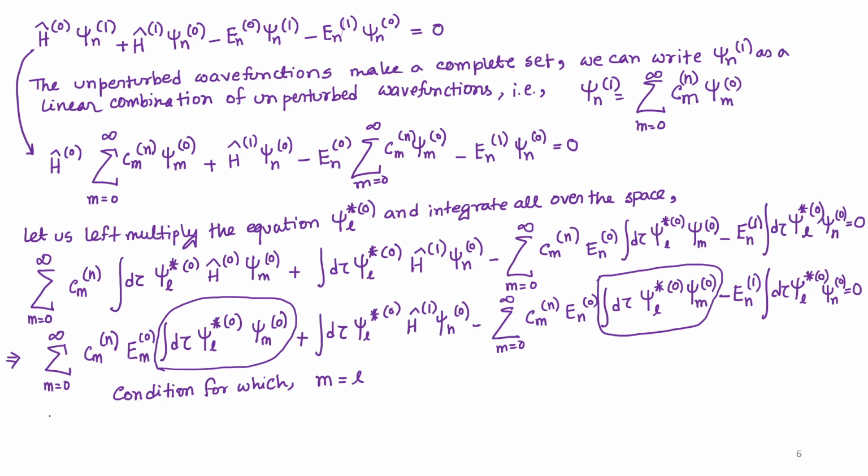So now I can remove the summation, right? Because all the terms are vanished, only m equals l is there. So I'll replace all the m with l, and this will be a normalized condition, so I'm not writing that. Should I write?